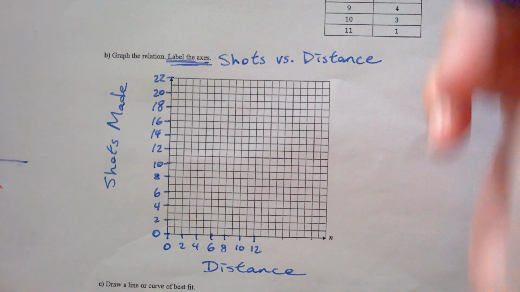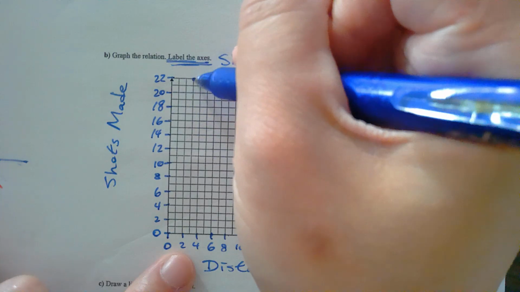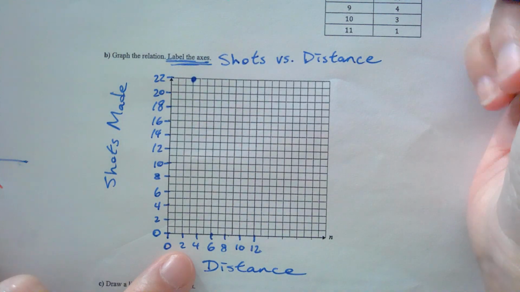Okay. So now plot the points. 3 and 22. 4 and something.